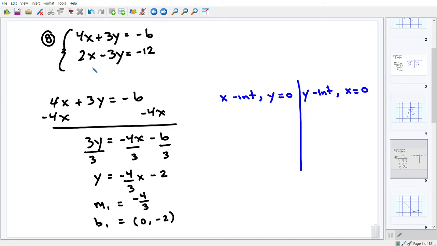So mental math. Can you solve for x if you know y is 0? Some people I've even seen, they like take their pencil or their finger and they cover up the y part. So it's kind of like this is hidden. 2x equals negative 12. So what does x got to be? -6.